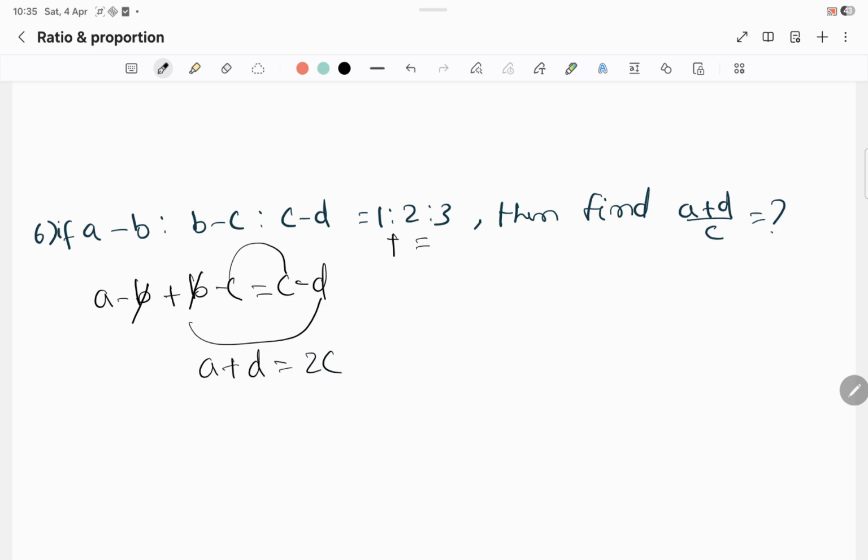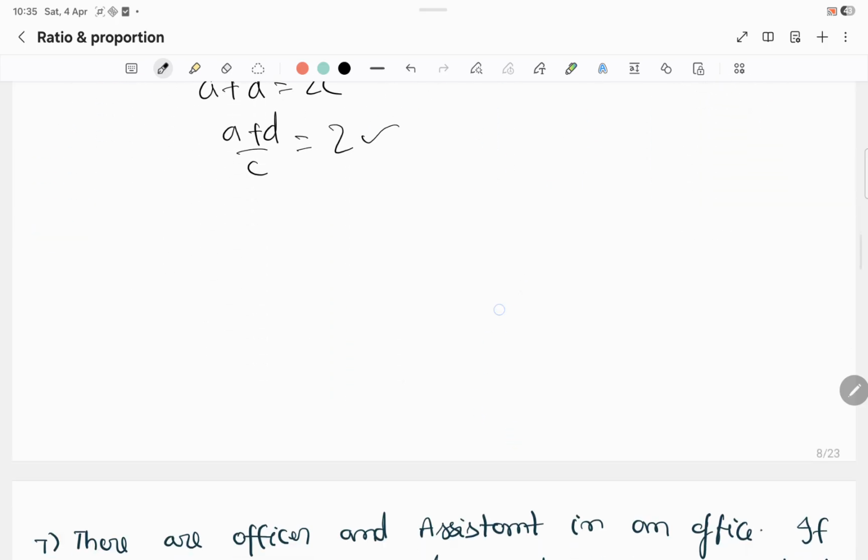Now minus c if it transposes to the right hand side, it becomes plus c. We need a plus d by c. So a plus d divided by c is equal to 2, is our answer. Next.